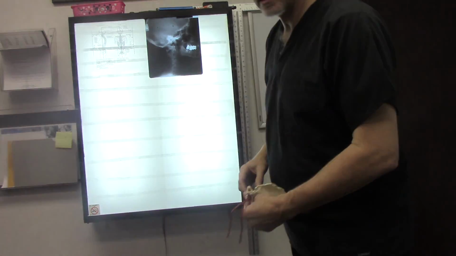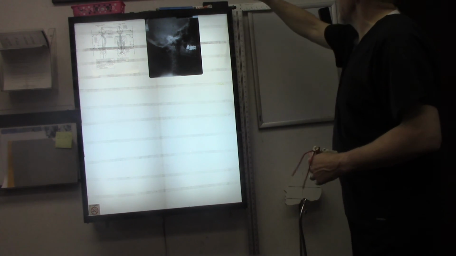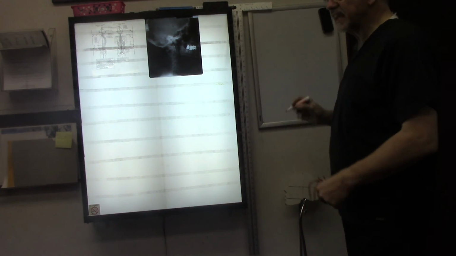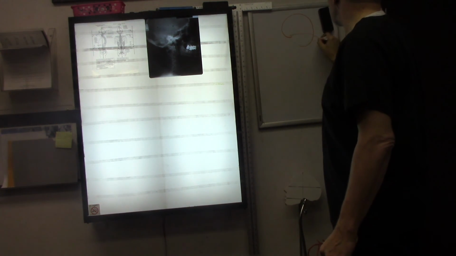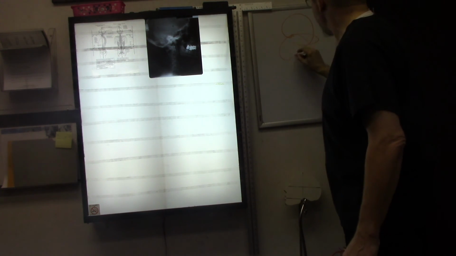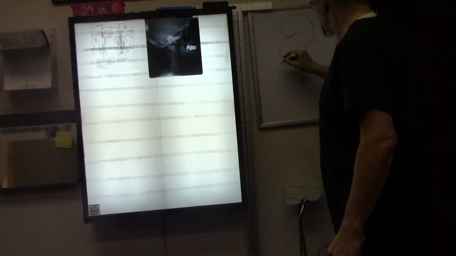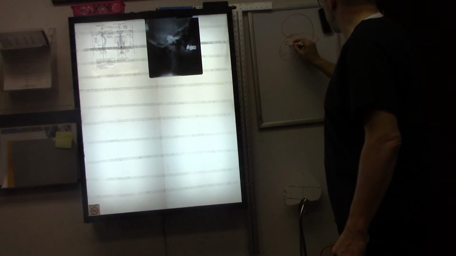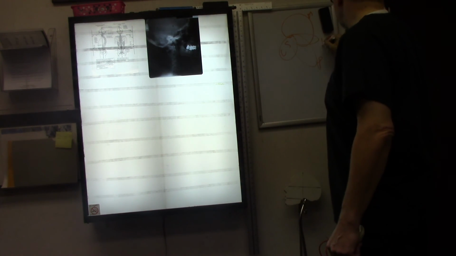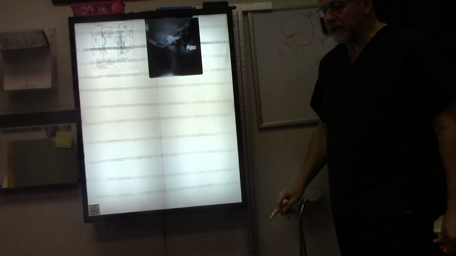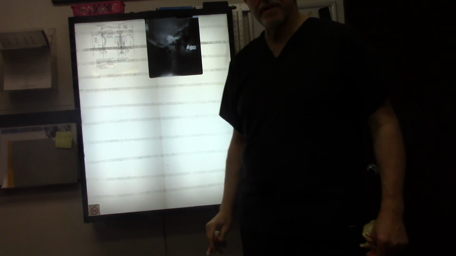It has an impact on the flocculi. Now, the flocculi receive information from the semicircular canals. The vestibular system has a receiver for the head that has semicircular canals and an otolith, which has a utricle and a saccule. The semicircular canals, the anterior, posterior, and horizontal, receive information on rotations of your head.